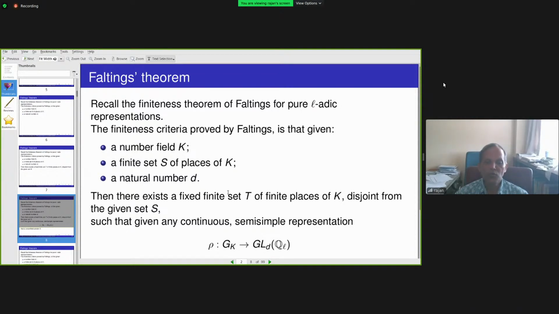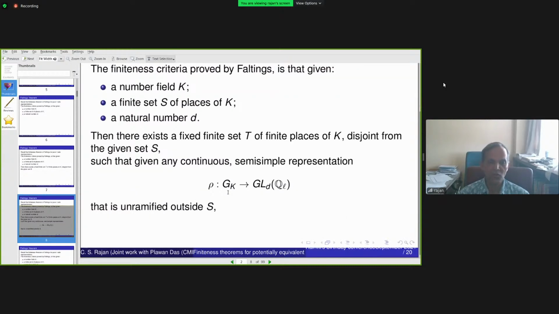So if you are given any continuous semi-simple representation rho from GK to GLD QL, so I'm looking at the Elliptic numbers, but more generally I can work with any non-Archimedean local field F of residue characteristic L and characteristic 0, that is unramified outside S. So these representations are unramified outside S.